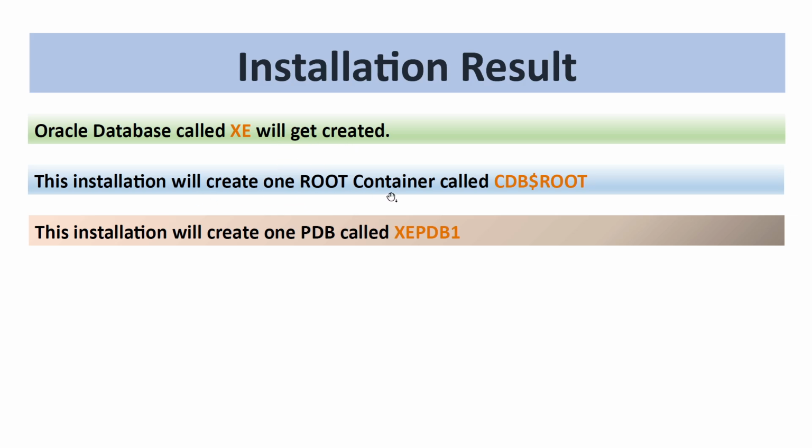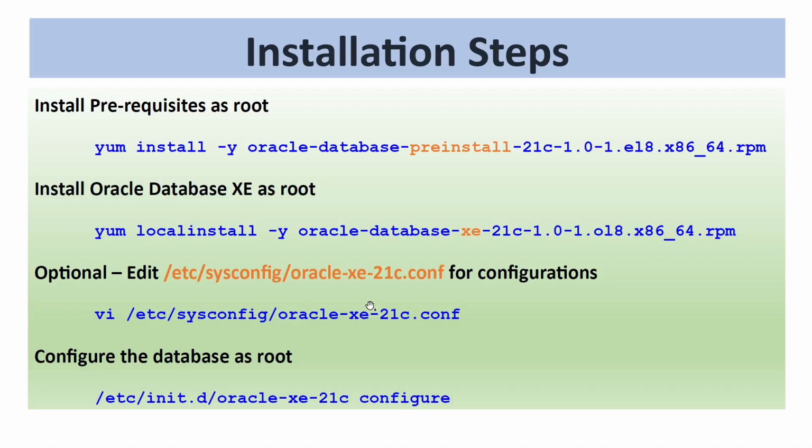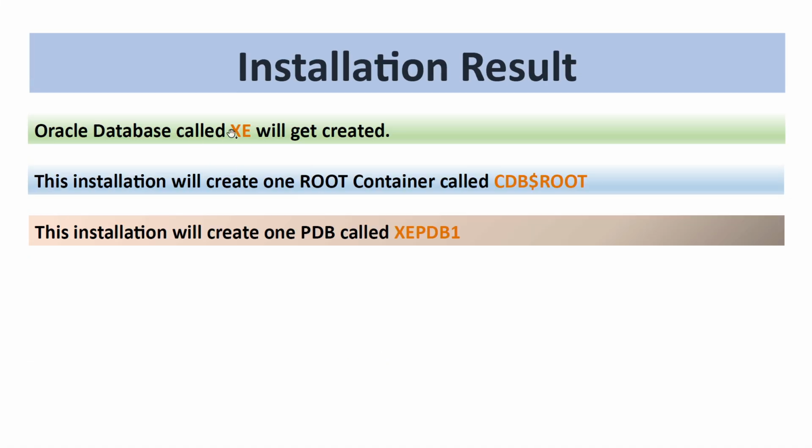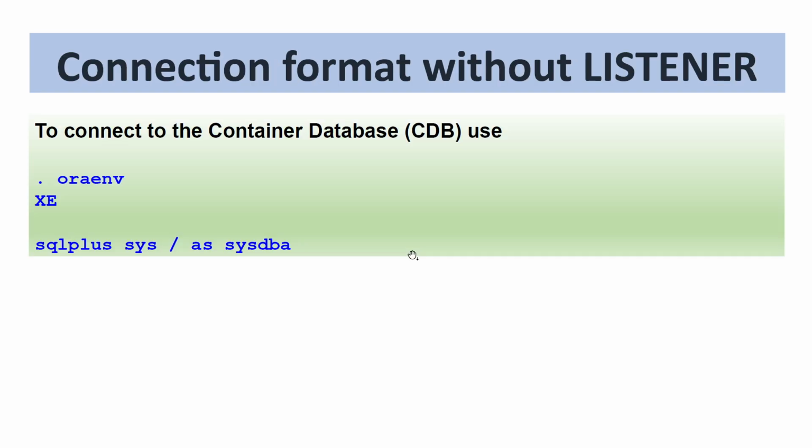There will be one root container called CDB$ROOT, and one PDB called XEPDB1. So once we configure the software, we will have a database called XE, a root container called CDB$ROOT, and one PDB called XEPDB1.